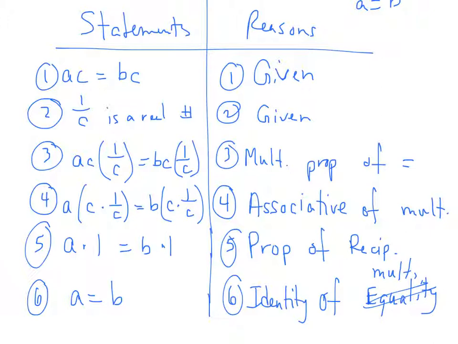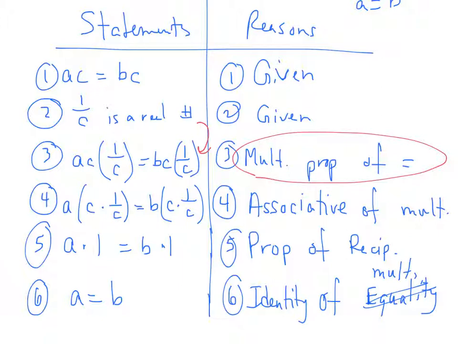I think one of the major things that people were confused on in section 1.8 or 1.7 when we did this last chapter, the same idea, was physically what step is what. So like from 2 to 3 is that reason. Again, from step 2 to step 3, I multiplied both sides by 1 over c.